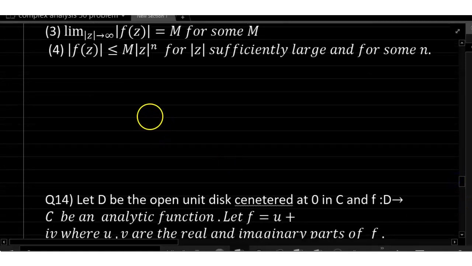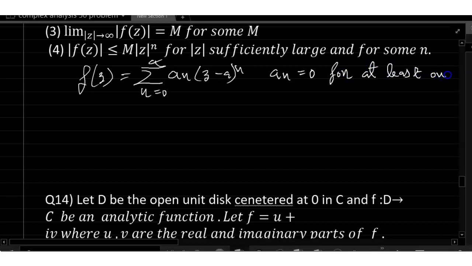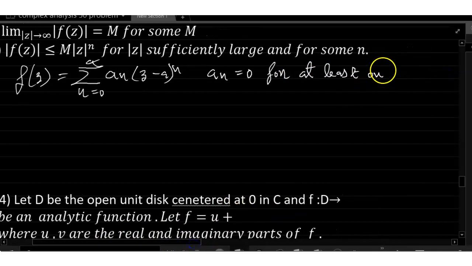Okay, so first I can write f(z) equals summation n equals 0 to infinity a_n (z minus alpha) whole to the power n, a_n equals 0 for at least one n.